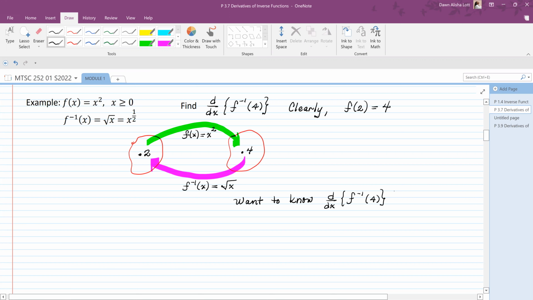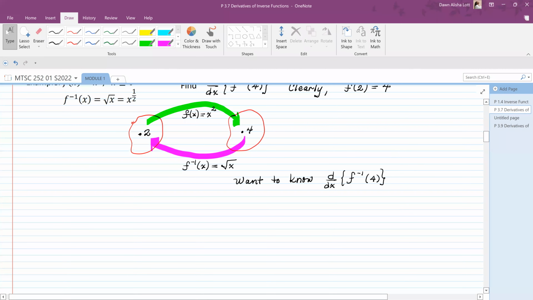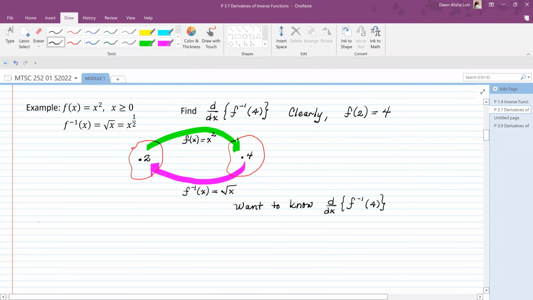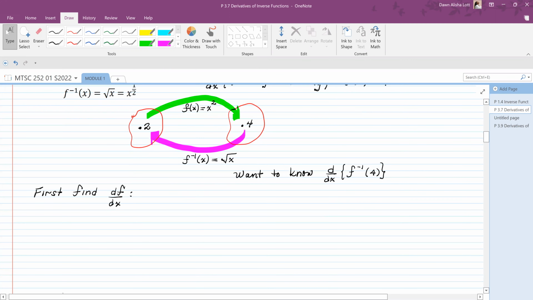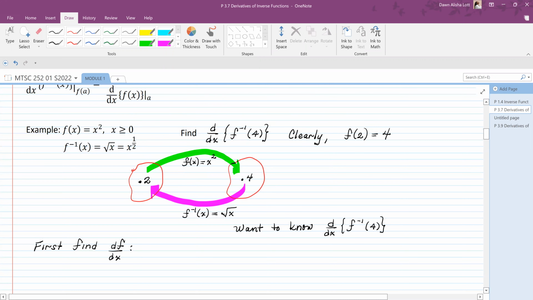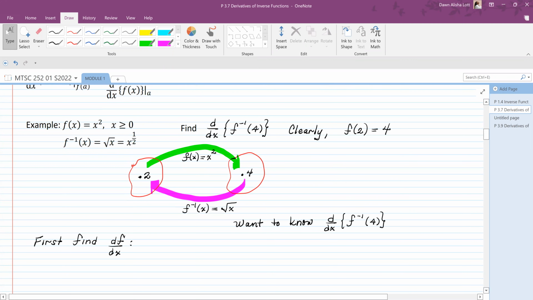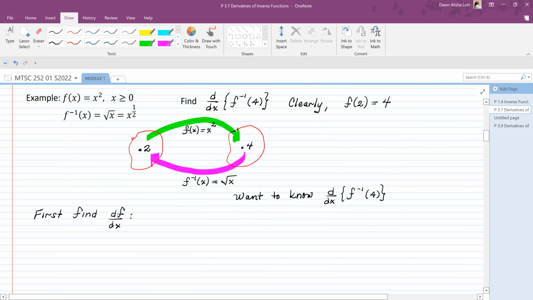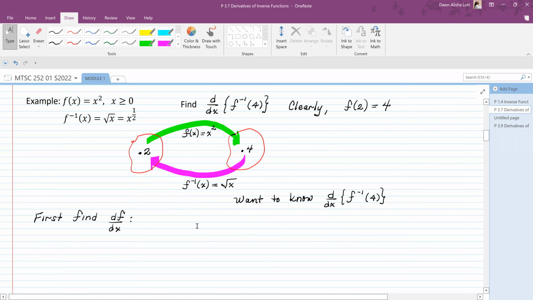Well, our formula says, okay, first find the derivative of f with respect to x. So find that first. Okay, so when I find that, the derivative of f with respect to x, well, that's easy. f prime of x is equal to 2x.